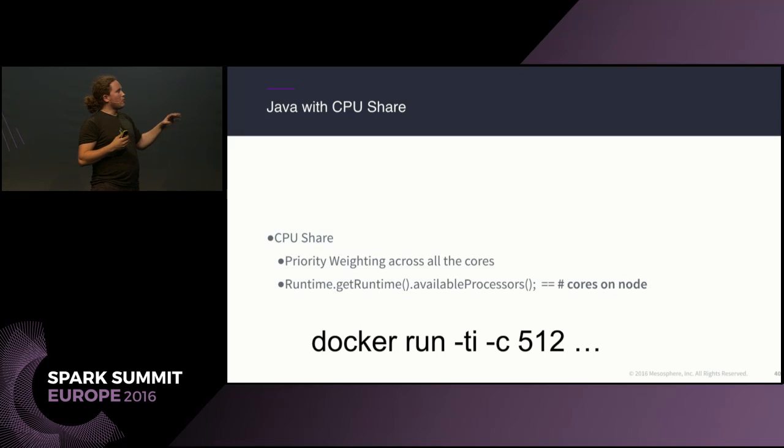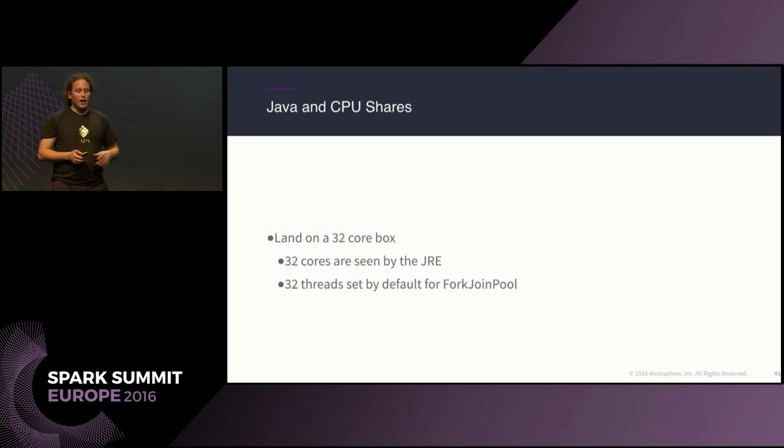So you should be aware that all those metrics the JRE tries to determine by the number of cores will depend on the entire number of cores on the node, and not, as you may be trying to express here, only use 50% of the cores present on the system. No, it's going to take the entire number. If you're on a 32 core box, 32 cores are seen by the machine, so the default for many settings will be 32 threads.